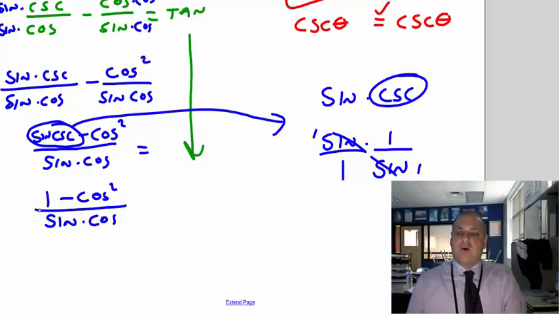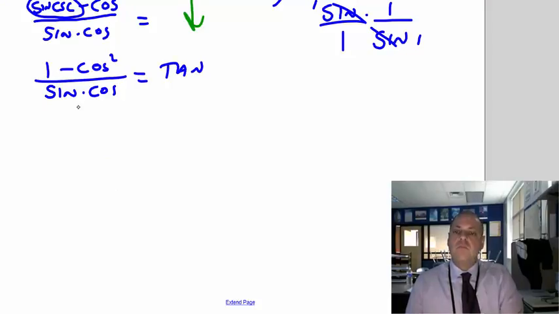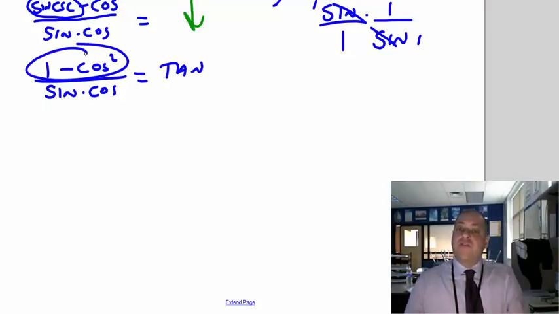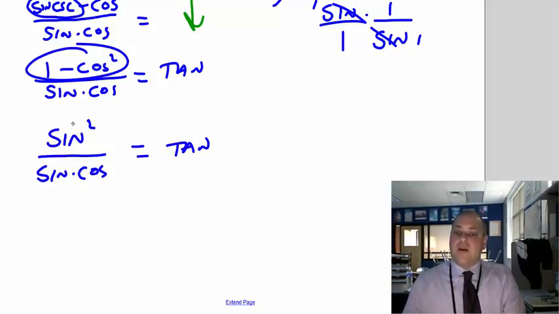So it's 1 minus cosine squared over sine cos equals tan. 1 minus cosine squared, from the front page, is sine squared over sine cos. We're getting there. Sine squared, isn't that just sine sine?